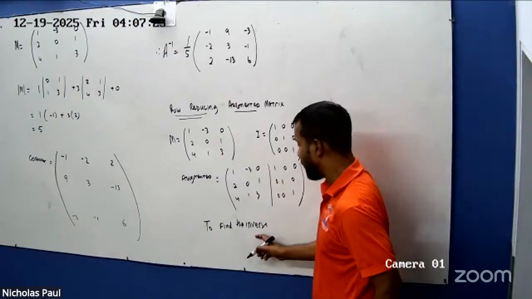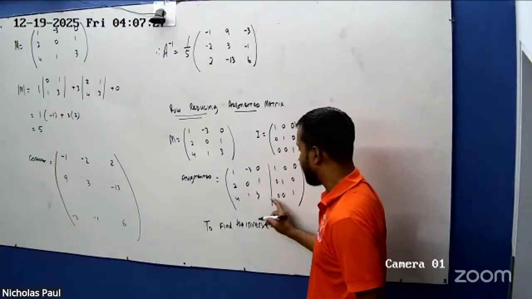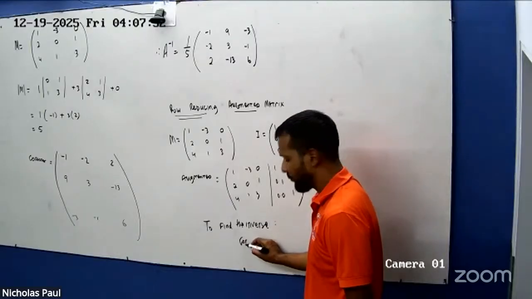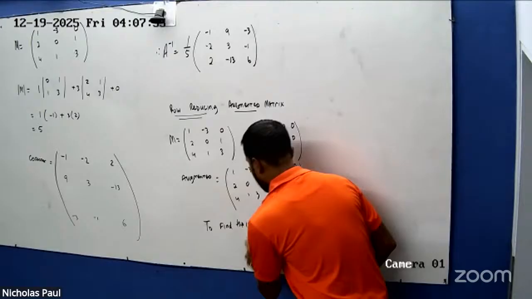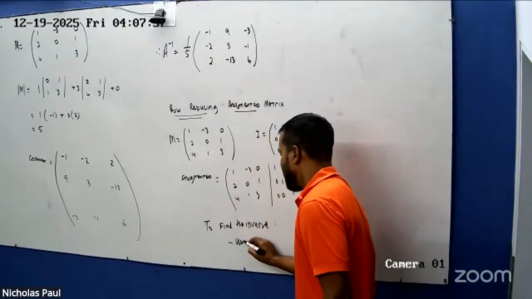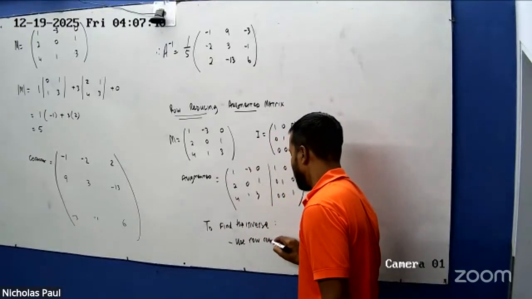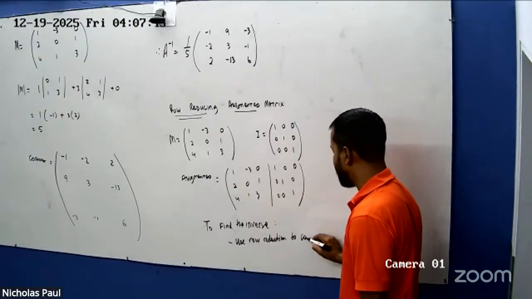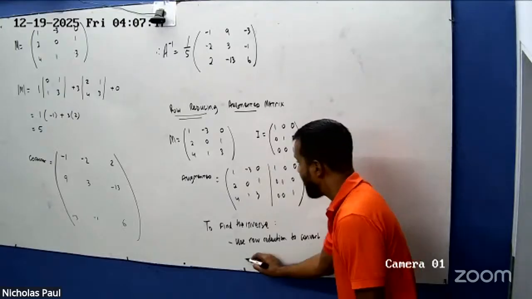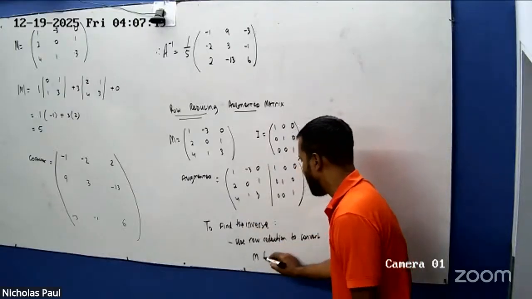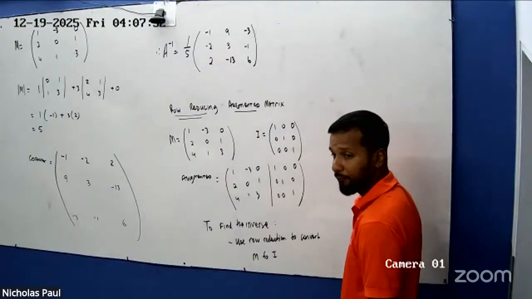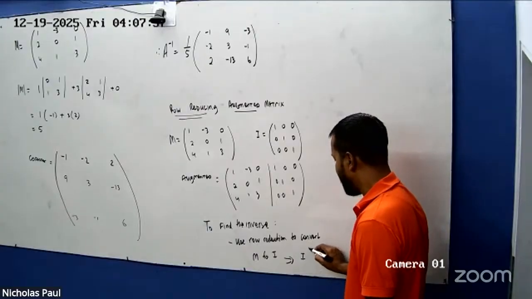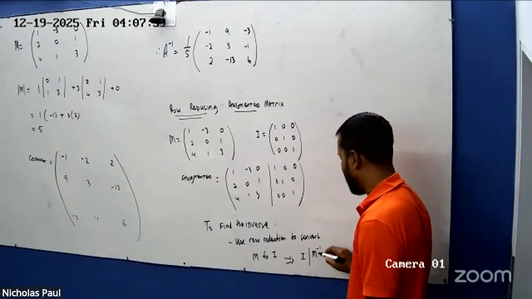So to find the inverse, here's what you have to do. We have to use row reduction to convert the matrix M to I. So we'll end up with something like this: I augmented with the answer, M inverse.